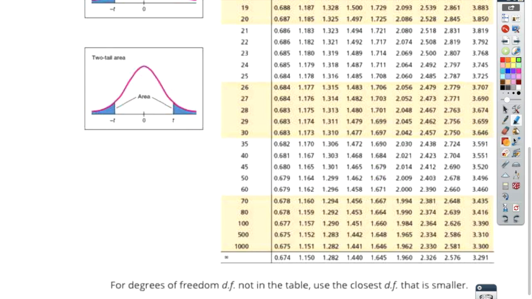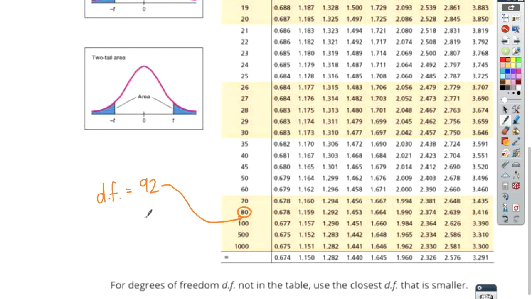So let's say you were doing a problem and your degrees of freedom are 92. Well, 92 is not in this table. You're going to always go to the smaller value. So always go to the next smallest value.